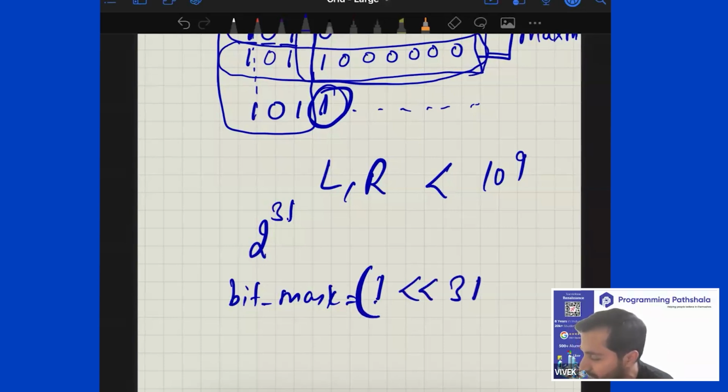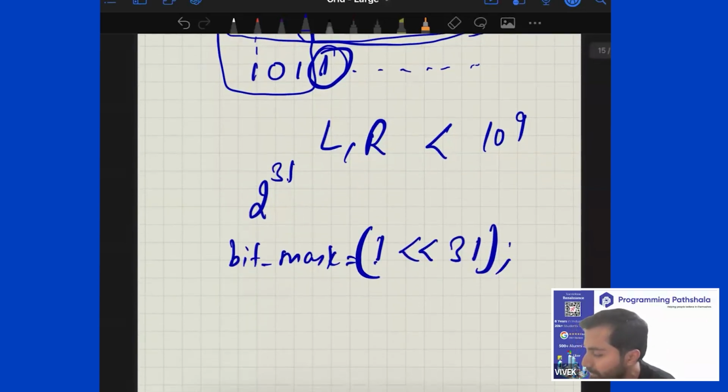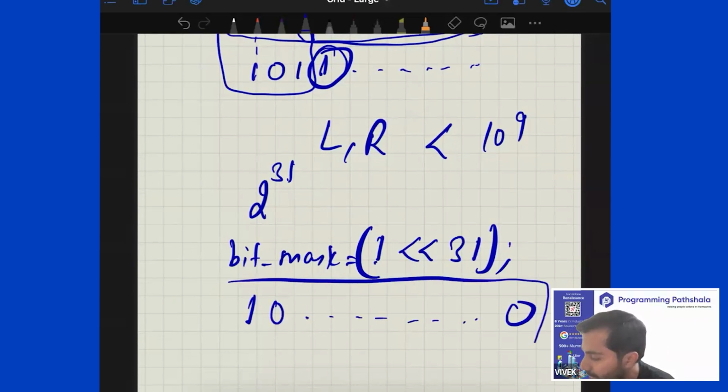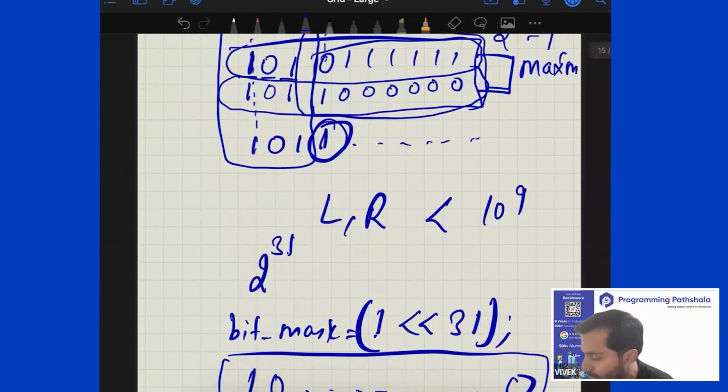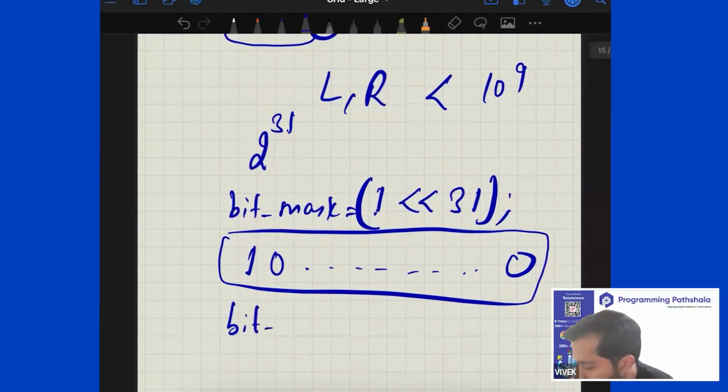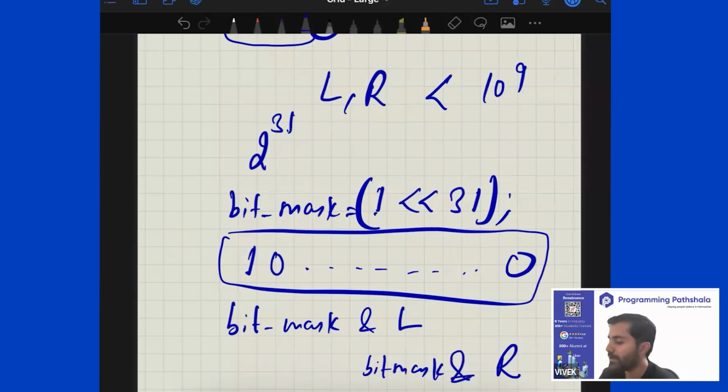1 left shifted by 31. 1 left shifted by 31 will give me a 1 at the 31st bit and then everything else will be 0, 0, 0, 0. And now I can take the AND of this bit mask with L. So I can take bit mask AND L, and I can also take bit mask AND R. Now what clue is that going to give me?